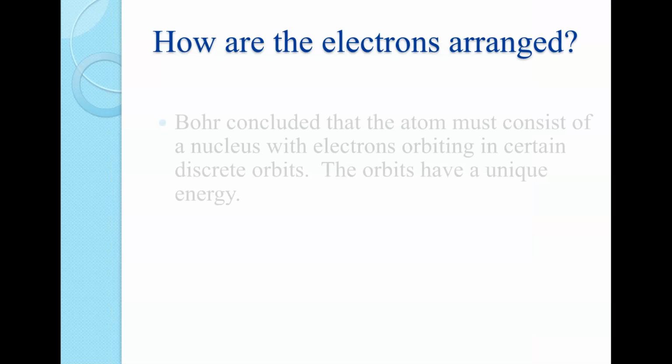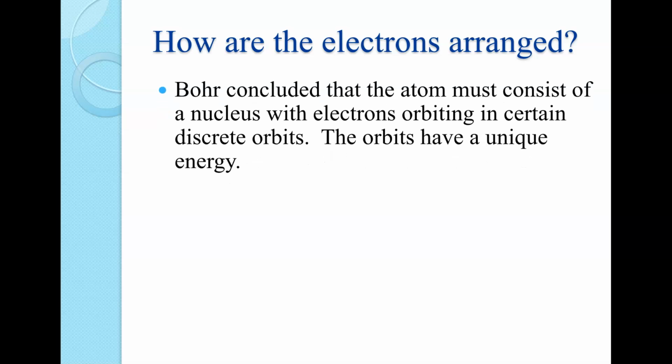Okay, and so what he interpreted from this is that the atom has a nucleus in the center, and electrons orbiting in certain what he called orbits, and each orbit has a unique energy. So if you have your protons in here, you've got your orbits. And as the electrons gain or lose energy, they make a transition.